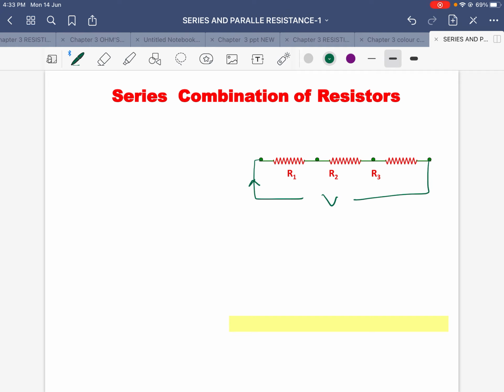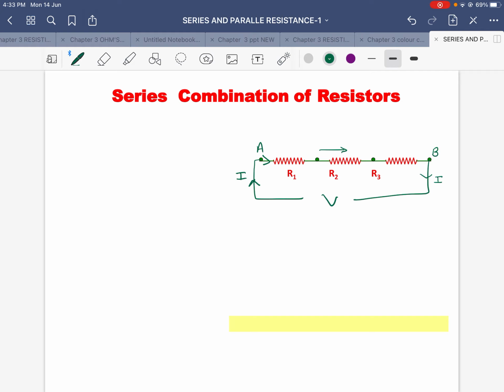It will be the same through resistances R1, R2 and R3 because it follows the same path. Current I will enter at end A and leave at end B.